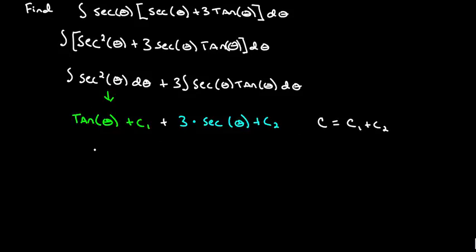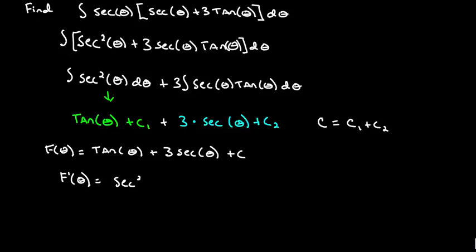So in the end, we end up with the tangent of theta plus 3 times the secant of theta plus a constant. And if we differentiate this, so this is our big F, and we take F prime, the derivative of tangent is secant squared.